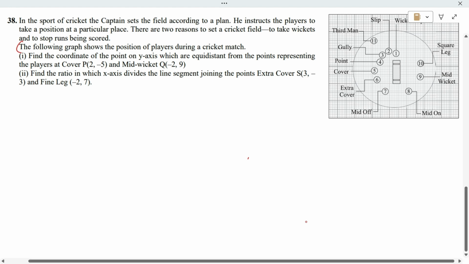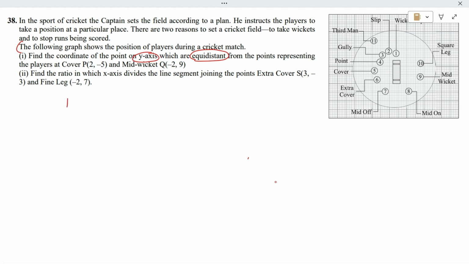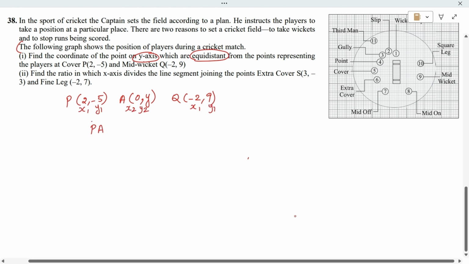Find the coordinates of the point on y axis. So PA will be equal to QA because they are equidistant.